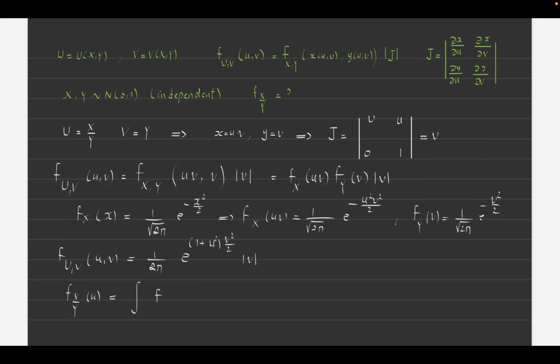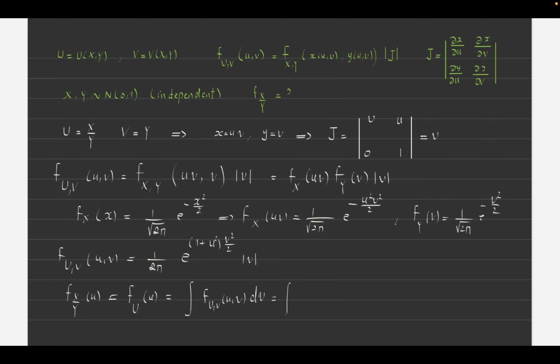So let me write it in this way for you. This becomes equal to f of u, because that's the name I gave to x over y, and this becomes the integral of f of u and v, integrated over v. Then I have to write the appropriate range here. But of course, for any chosen u, v can go from minus infinity to infinity. So let us just continue.